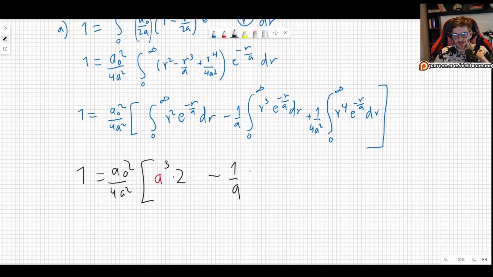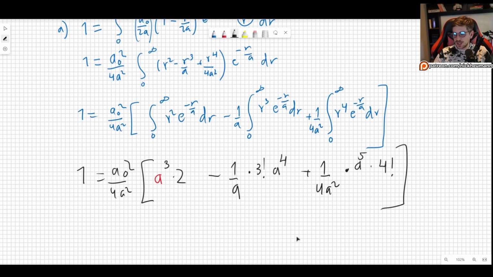Now n is 3, so we are going to get 3 factorial and also b to the n plus 1, and again, b is simply a. Sorry, it's not a cubed, it's rather 3 plus 1, a to the 4th, because it's b to the n plus 1. Then in the next case, we have 1 over 4a squared times, and now b to the n plus 1, n is 4, so we get a to the 5th times 4 factorial.